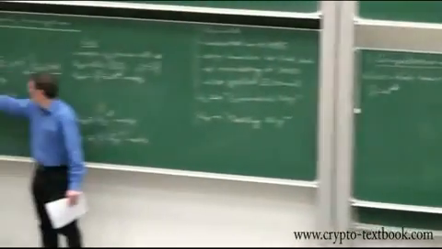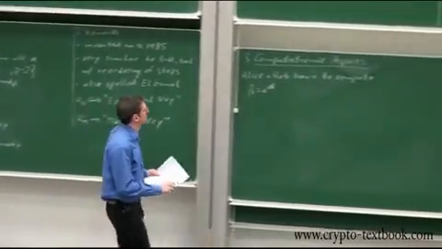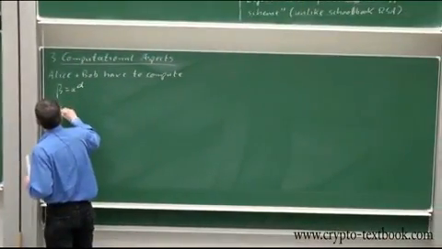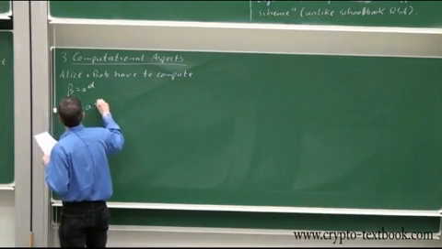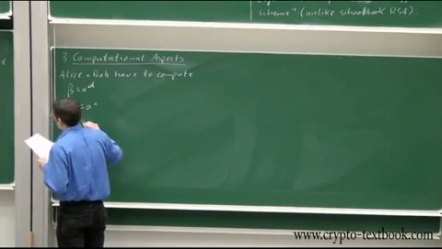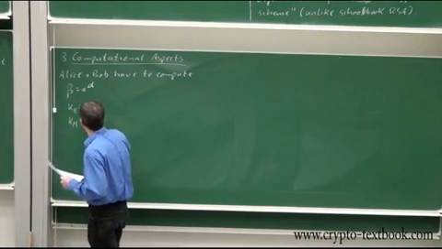Then they have to compute the ephemeral key and the master key. Ke is alpha to the i, and the master key, which is beta to the i.